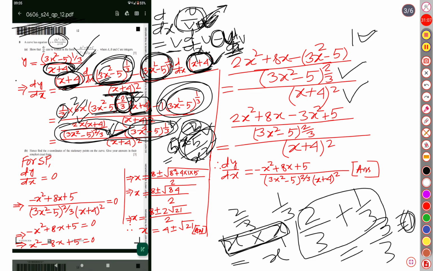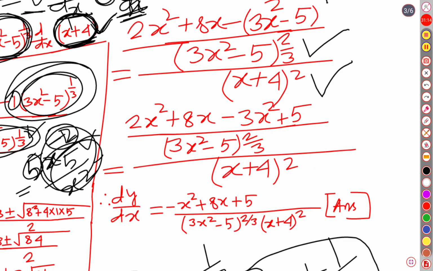After that, what have we done? We have written here 2x squared plus 8x. If we simplify the signs, 3x squared plus 5, the denominator is unchanged.